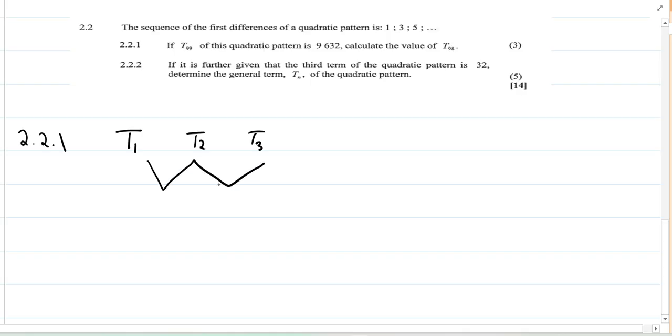We know that the sequence of the first difference is going to be 1, 3, 5, and then it continues that way up until our focus, which is to get up to T99. So we are going to have T98 somewhere here, and then T99, which is 9,632.